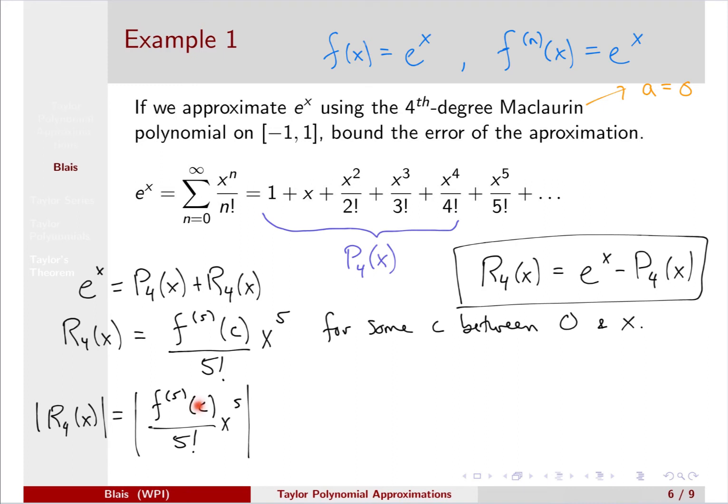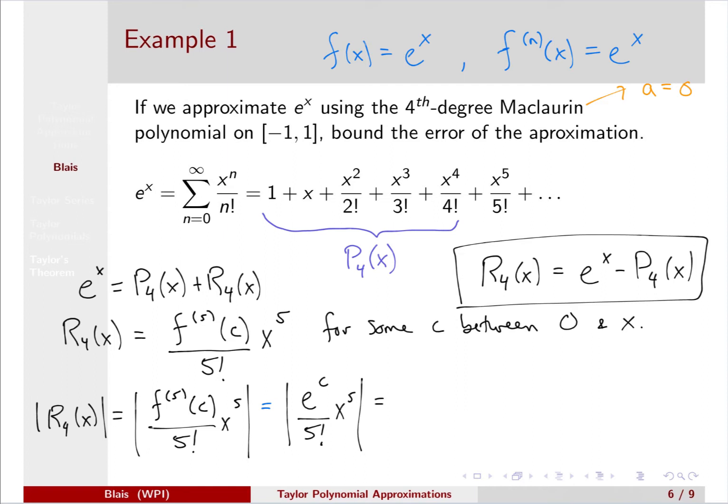This means that our fifth derivative of f evaluated at c is equal to e to the c. So we have e to the c over 5 factorial x to the fifth.